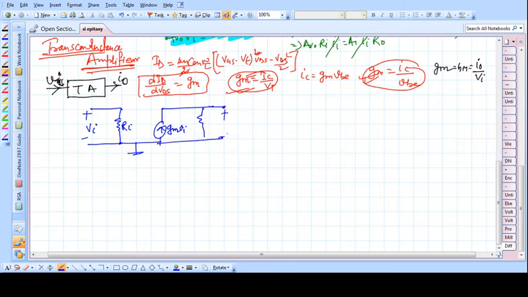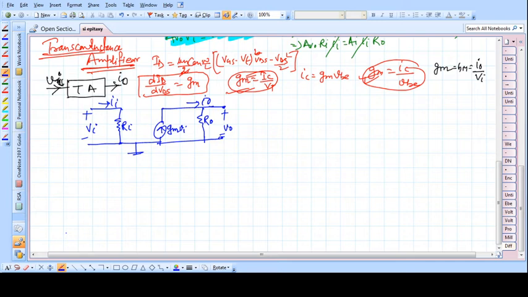So it should be plus or minus V naught, and this one is R naught, and I naught, and say this current will be Ii. So this one is more or less a transconductance amplifier.